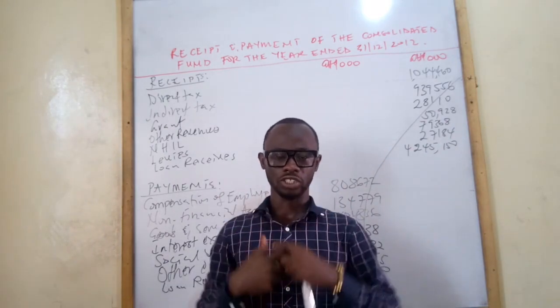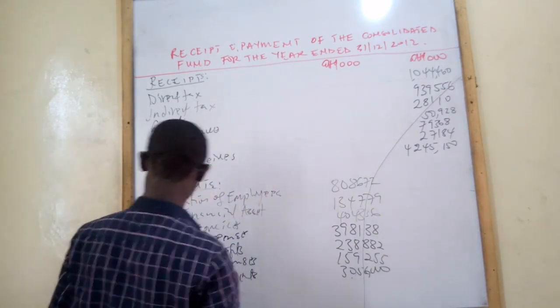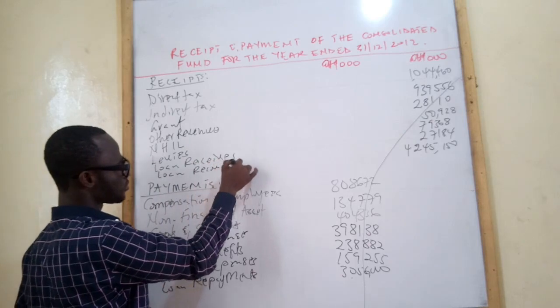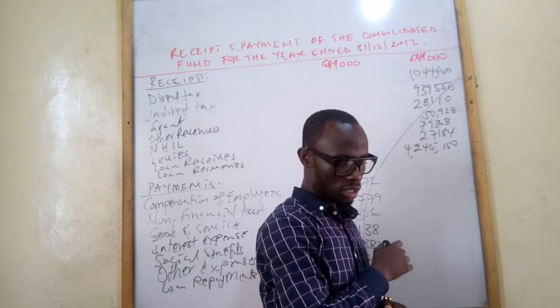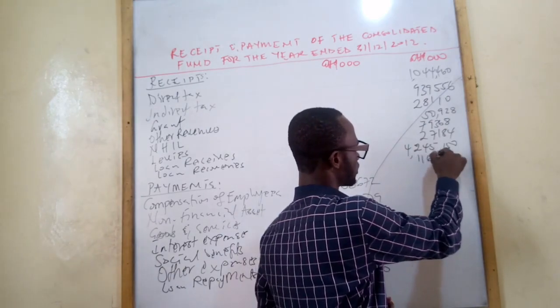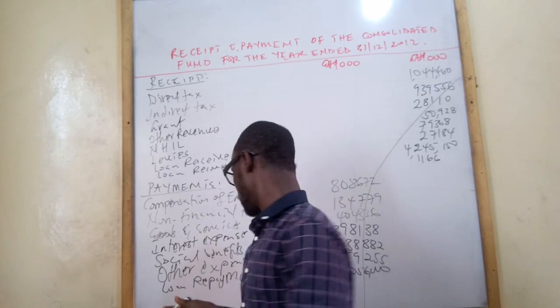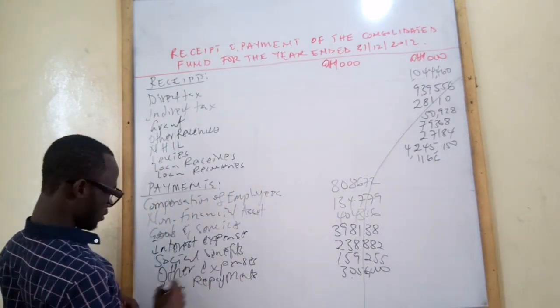Now loan recoveries is also an income, so we bring it also there. So loan recoveries. That is 1166 in relation to that. Then there is also other payments again. So other payments.